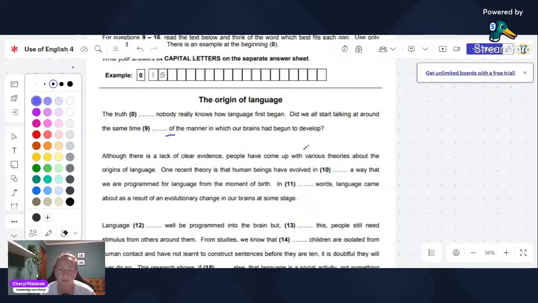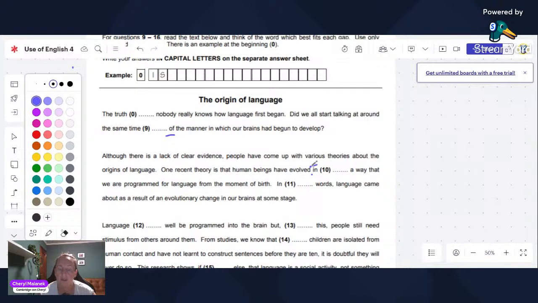Okay, the next one, if I go down to number 10, one recent theory is that human beings have evolved in a way that we are programmed for language from the moment of birth. Okay.